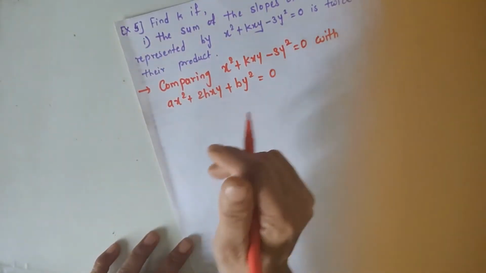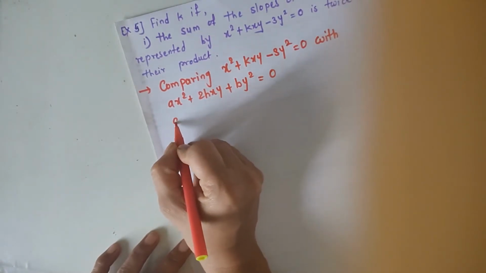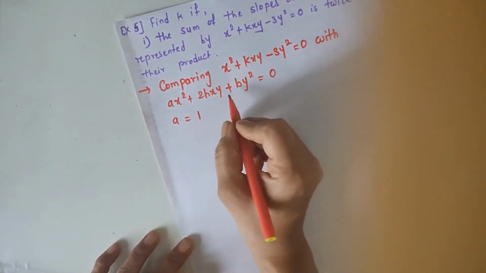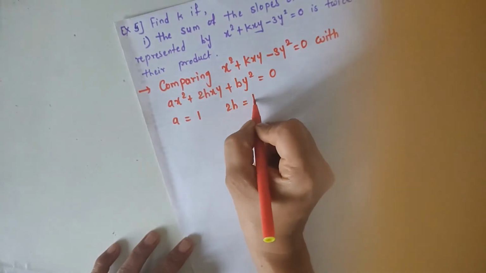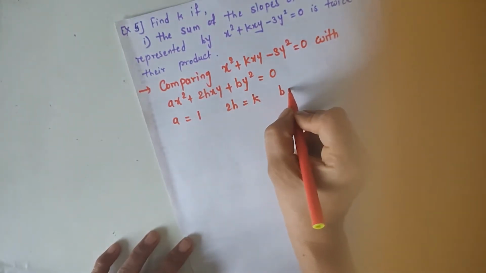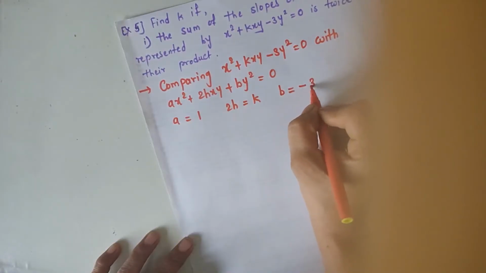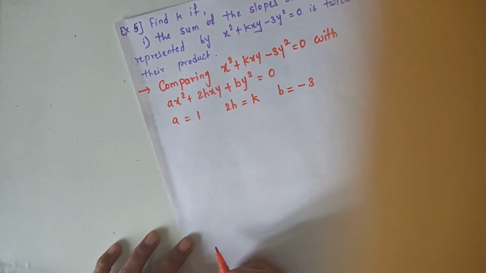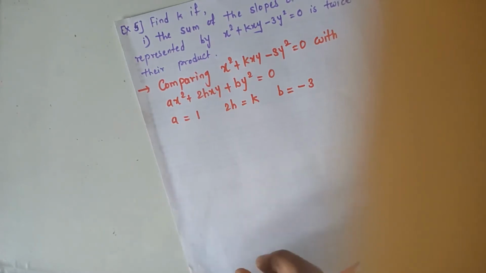So comparing this equation, we get the value of a is equal to 1, 2h is equal to k and b is equal to minus 3. And also we know the sum of the slopes and product of slopes of lines.